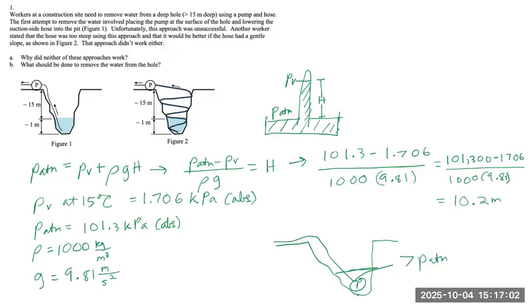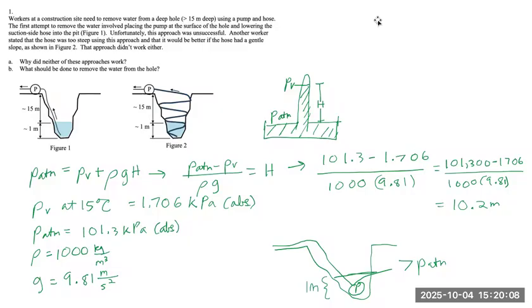So all the numbers stay the same. This height is 15 meters. And this is the configuration needed to remove the water from the hole.